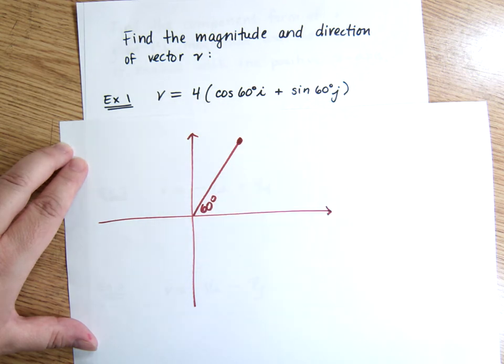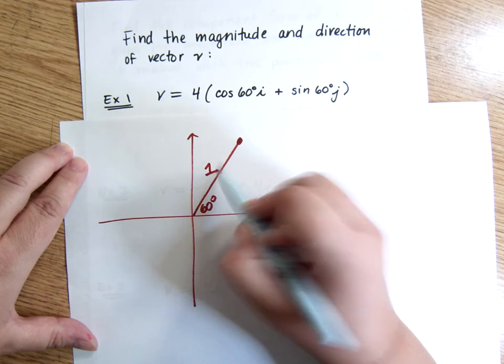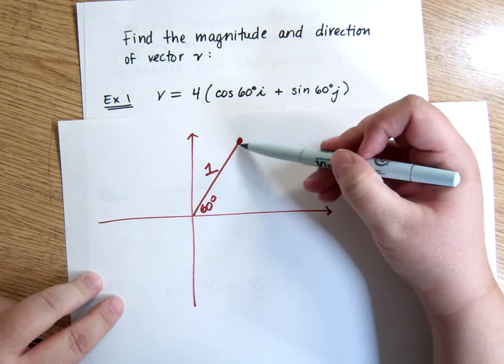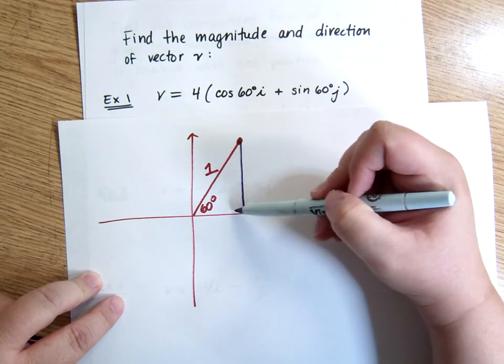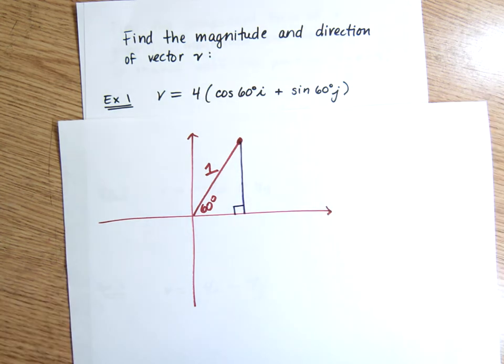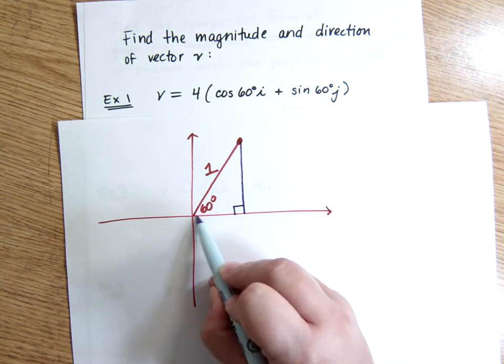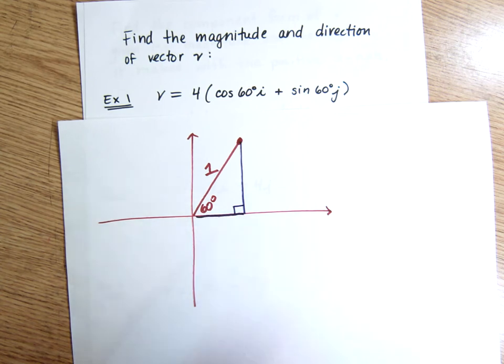60 degrees, unit vector. Unit vector means its magnitude is what? 1. Okay. So let's say I wanted to find this distance right here, this horizontal distance. I'm going to go ahead and call it a.